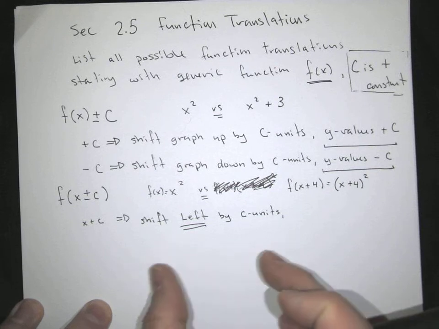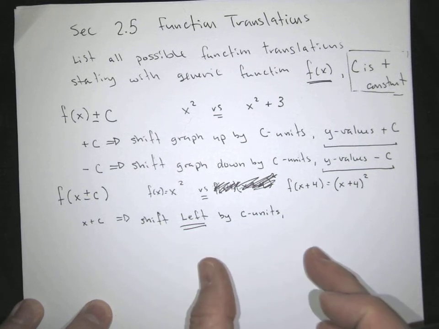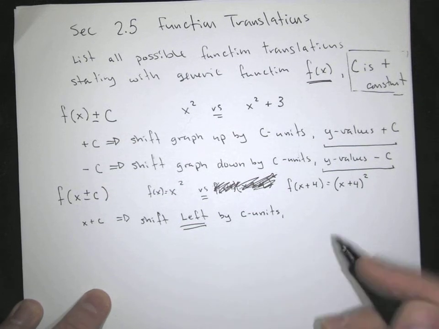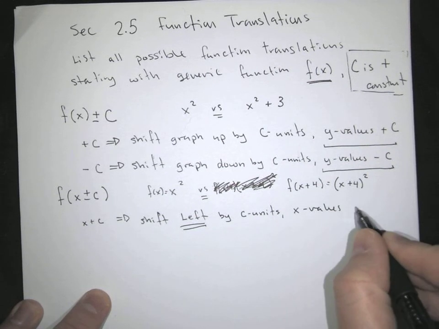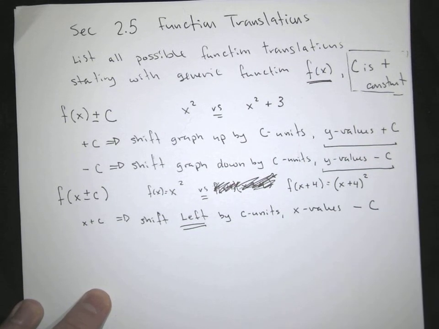So the graph, if I used to hit it at x is 0 and 1 and 2, now I'm hitting it however many units beforehand because I'm adding to those values. So this is going to be x values minus c.